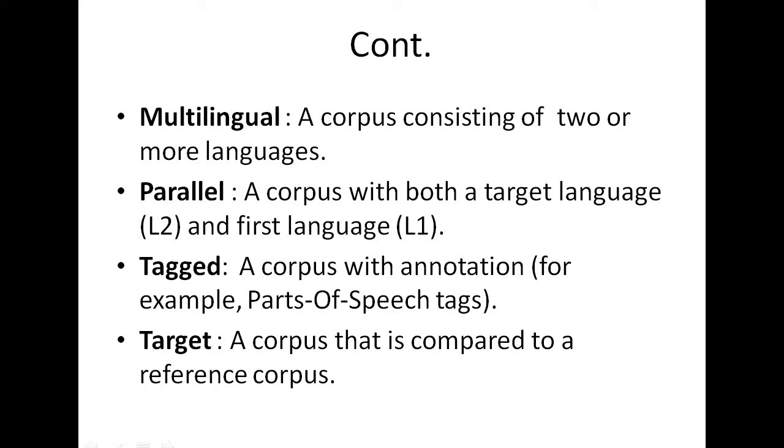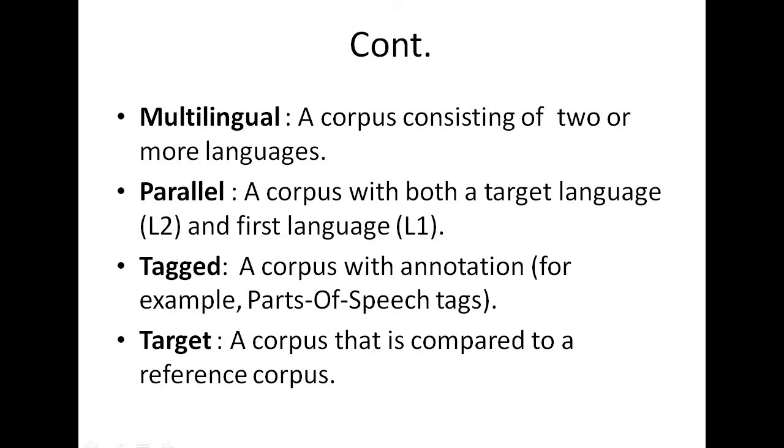Another type of corpus is parallel corpus, a corpus with both a target language L2 and first language L1. So parallel corpus is actually used to make comparisons. It is a kind of comparative corpus because it will contain the examples of both the languages.